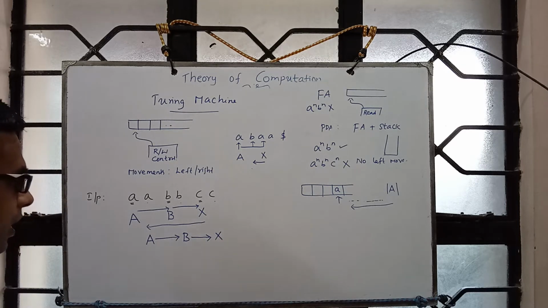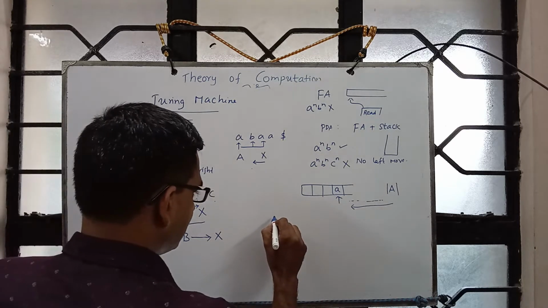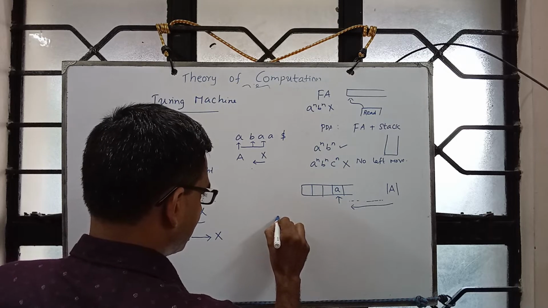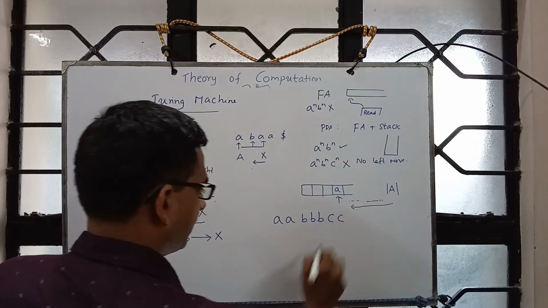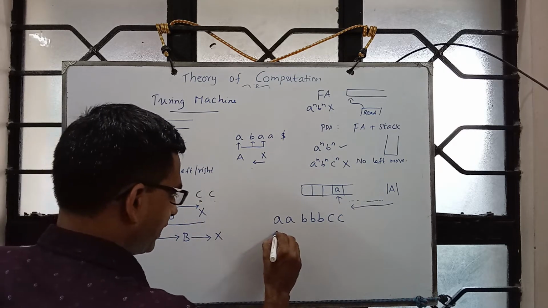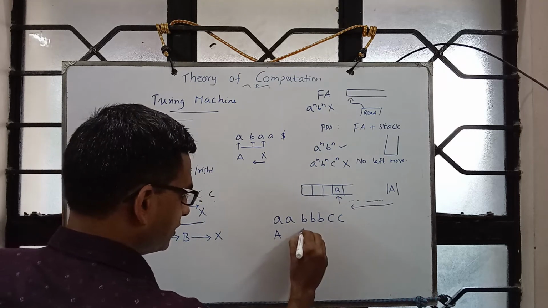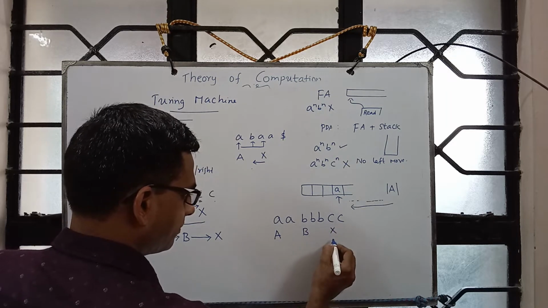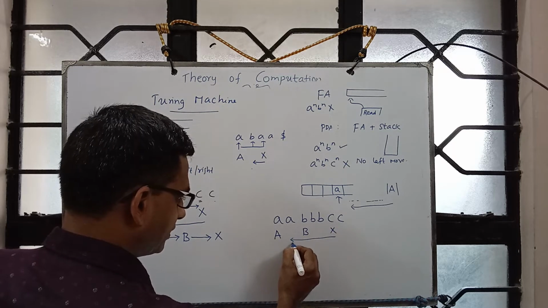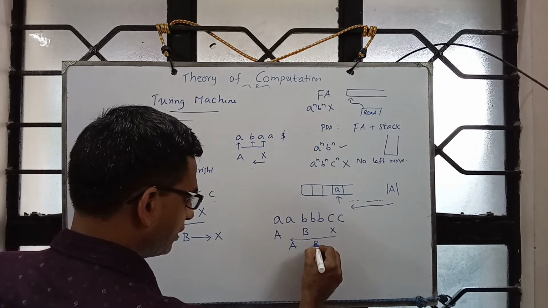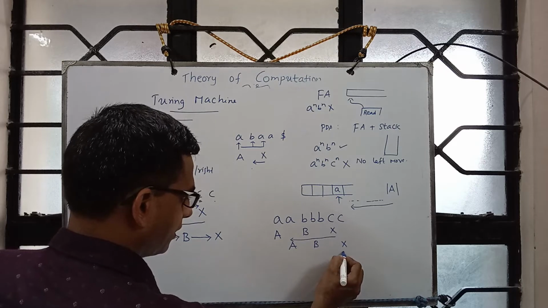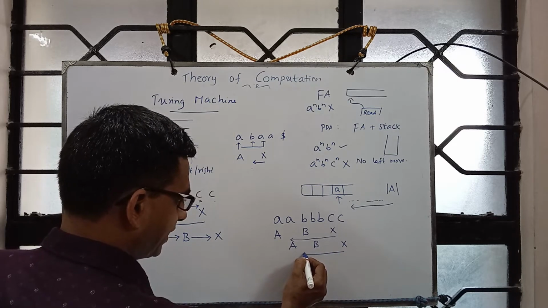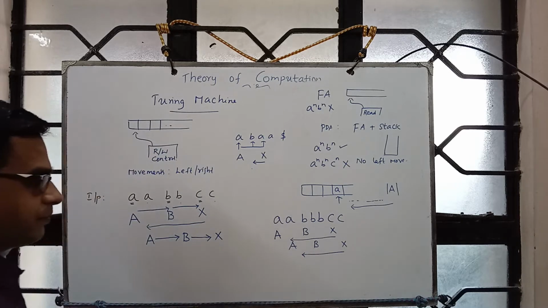Fine. Now this is a valid input, but in the process you may come across things like this. So you may have AA, say triple B, double C. You change this, move right, change this, move right, then you come back, change this to capital A, change this to capital B, then change this to X. You come back and you see that there are no A's.